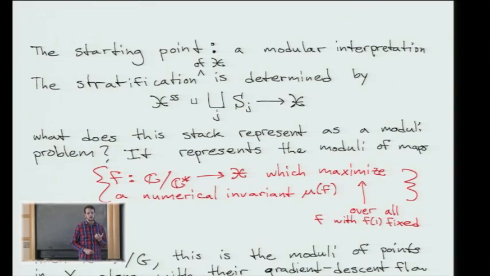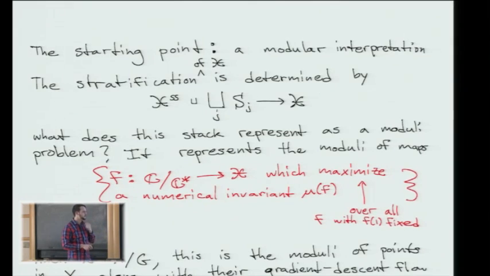Naively, the disjoint union of the Morse strata for the gradient descent flow represents the moduli of points in your manifold along with the gradient flow line and its endpoint, which lands on some point in the critical locus. So if you consider the moduli problem of parameterizing gradient descent flow lines, that's essentially the same thing as picking a point on one of the Morse strata.